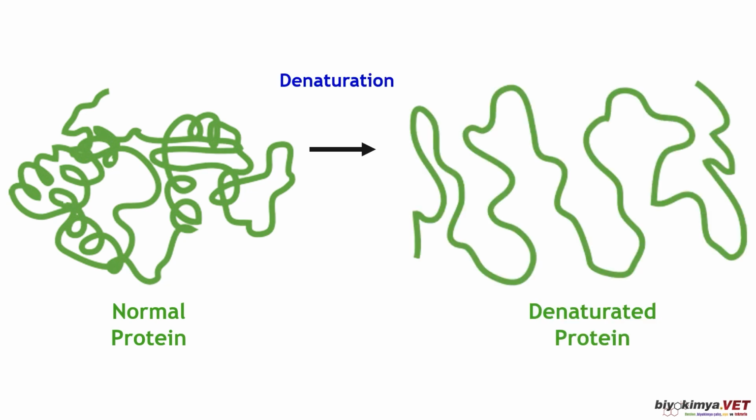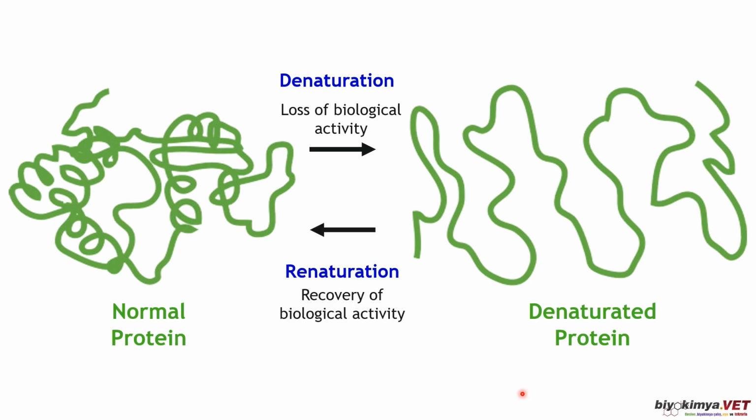And here is a reaction wave of denaturation. And as you see, the normal protein and the denaturated protein, which has lost its tertiary and secondary structure. And in some cases, the native protein structure can be restored, and this is called renaturation.